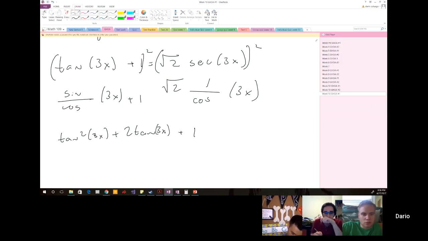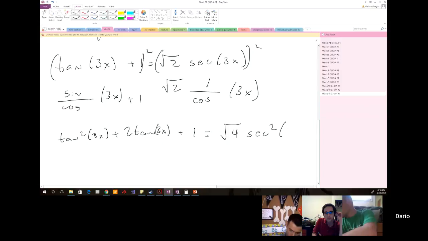How is she getting rid of secant? Why is it 0 all of a sudden? Because if we multiply, that's going to be square root of 4 secant squared 3x.